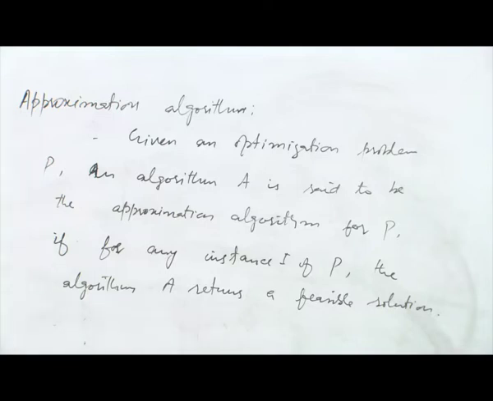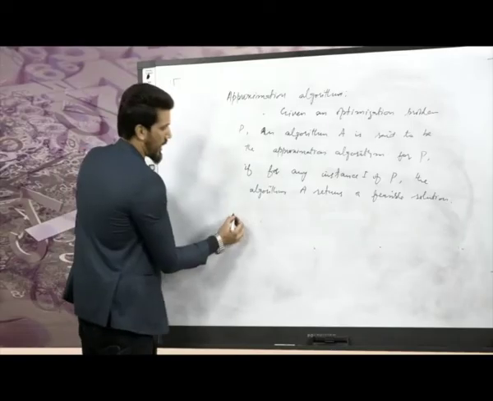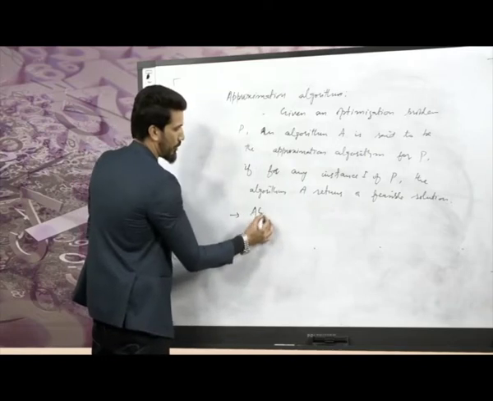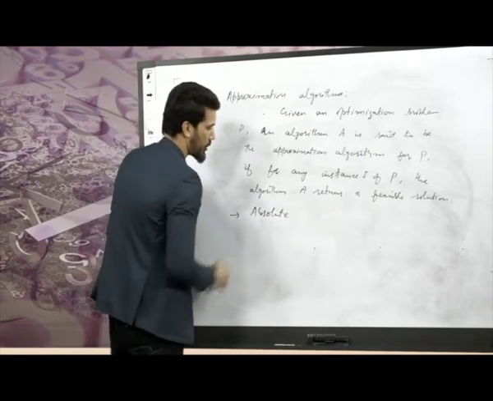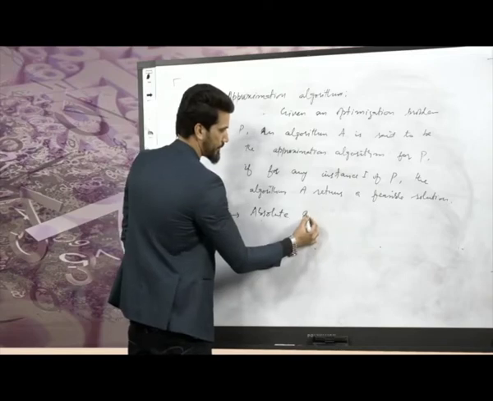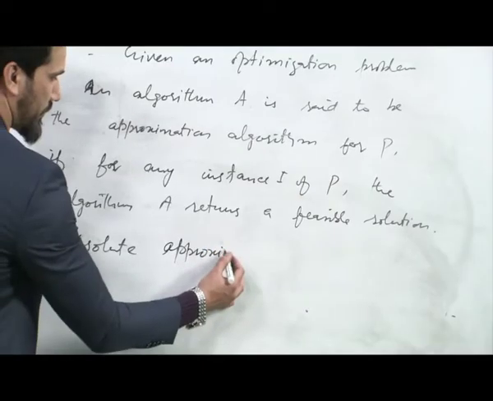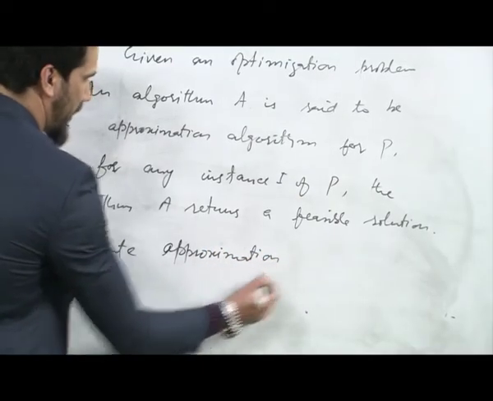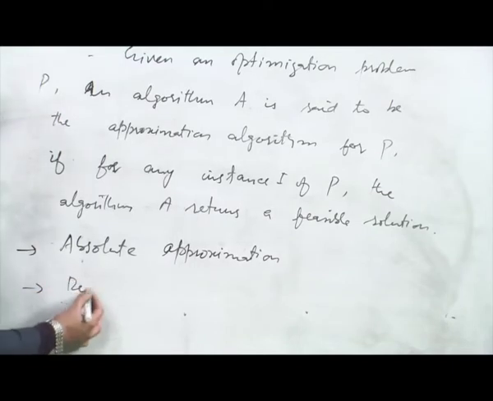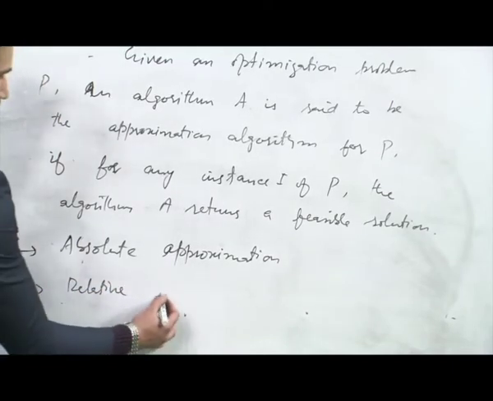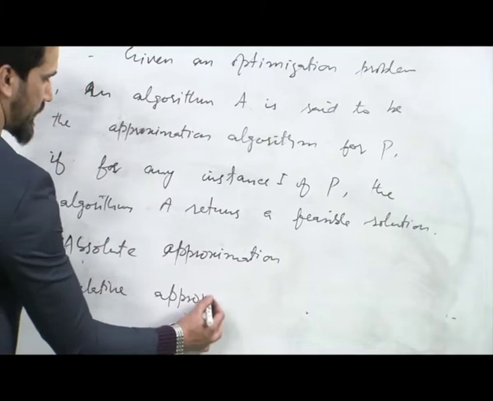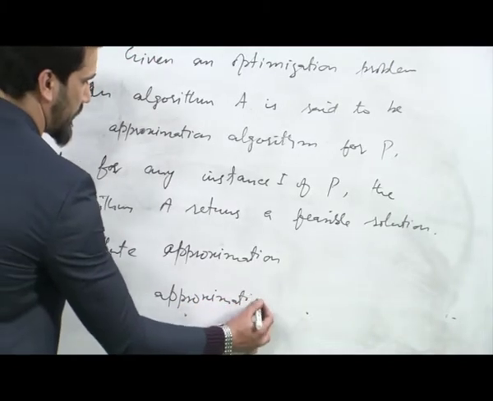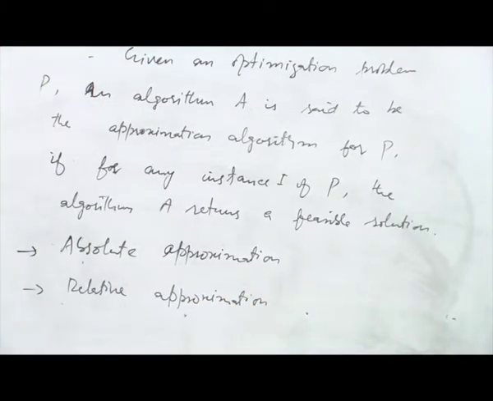Now there are two types of approximation algorithms: absolute approximation and relative approximation. Let's define each one separately.